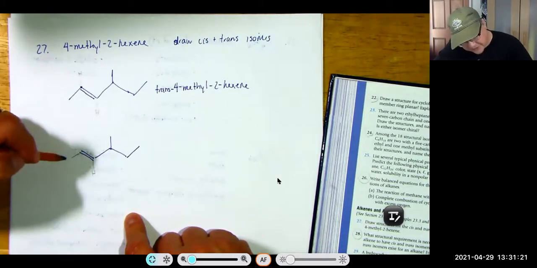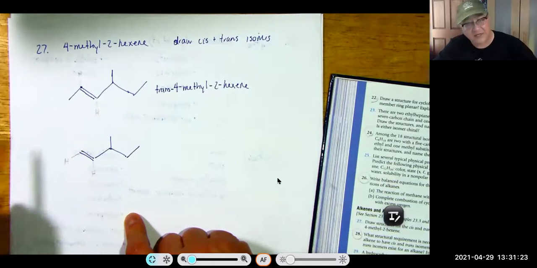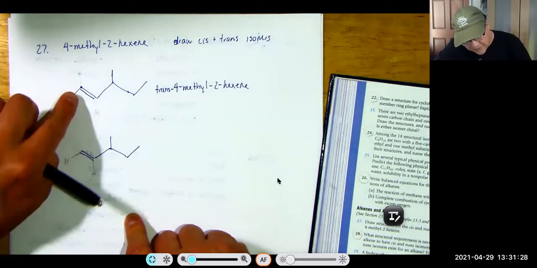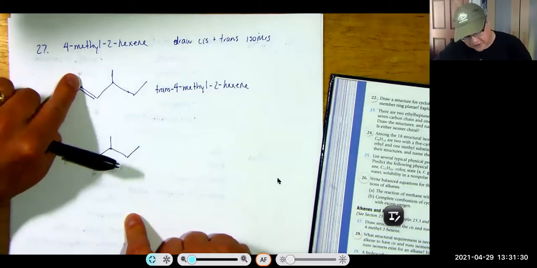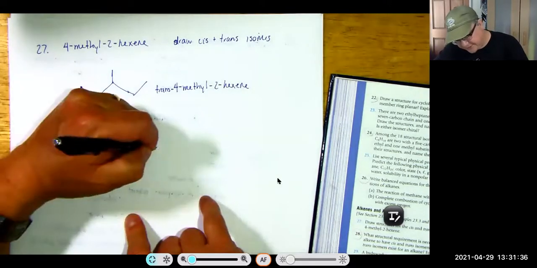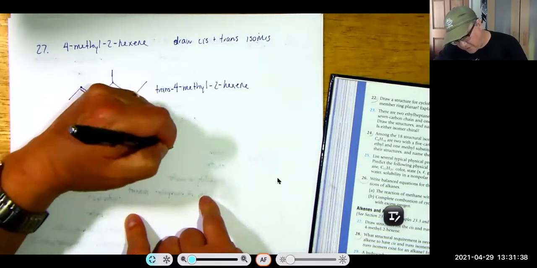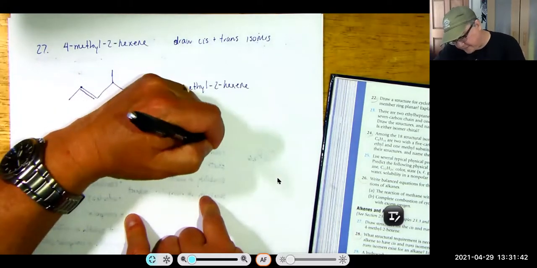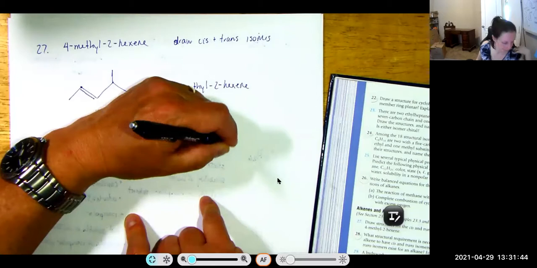I want one down like this, and I want one like that. Can you see they're both on the same side of the double bond? So where does this piece have to go? It has to go where that hydrogen is here. It goes up. So this one is cis 4-methyl 2-hexene. Yay, I got it right.